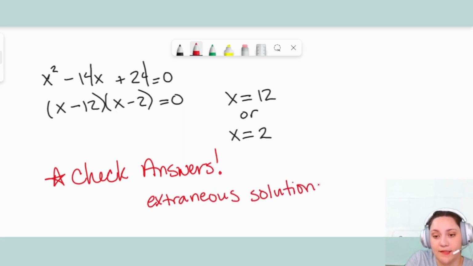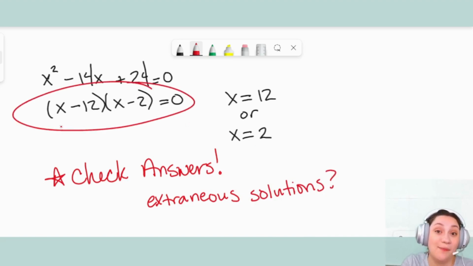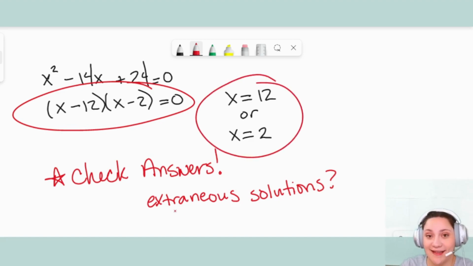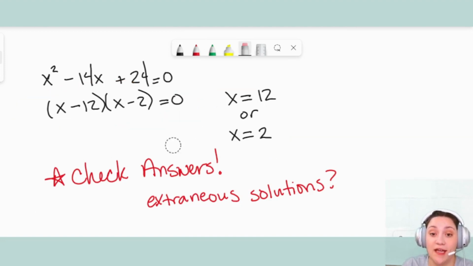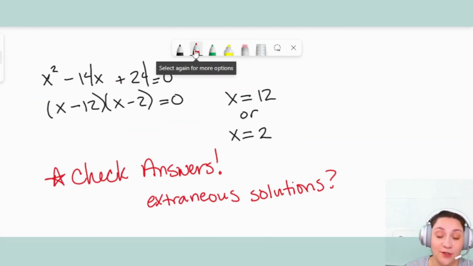And sometimes the final equation that we come up with, because we have changed it to not be a fraction form anymore, it can have some values that might cause the original equation to either be untrue or to have a zero somewhere in the denominator. And so for these rational equations, checking your answers is not optional.